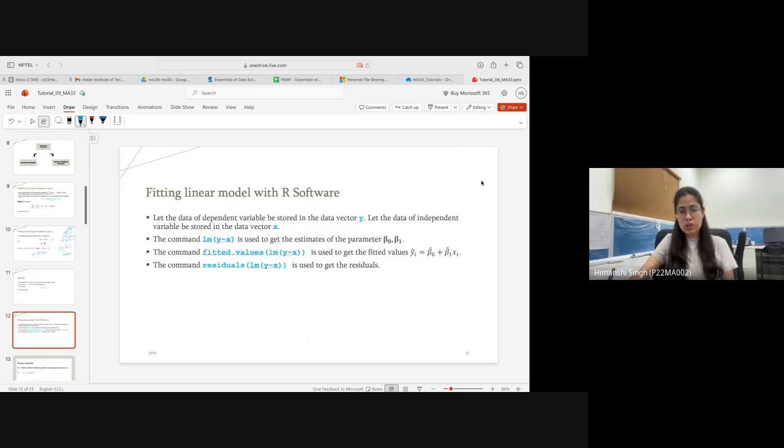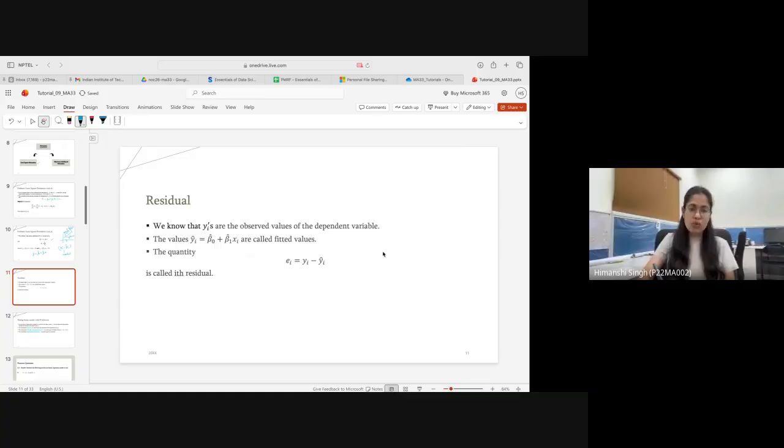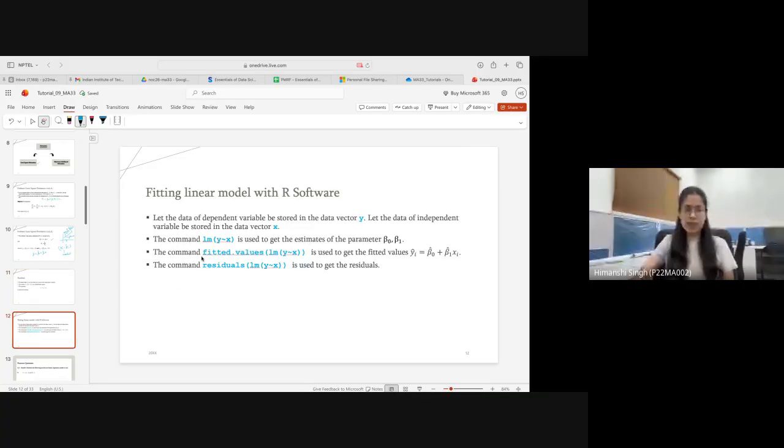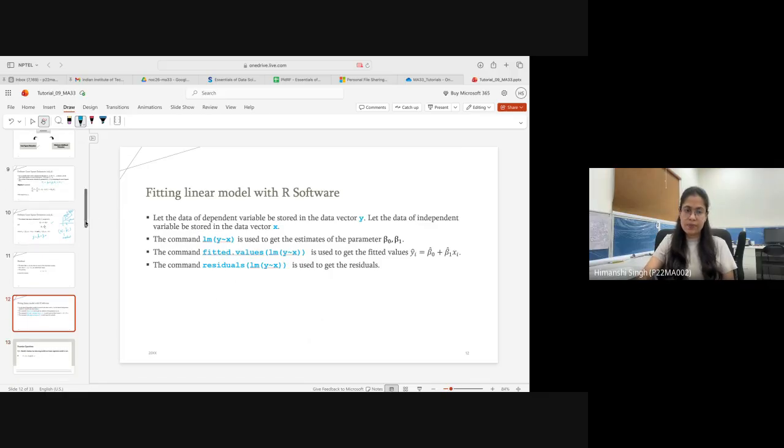If I want to calculate the residuals, I can use the command residuals(lm(y ~ x)). So only these commands do all the work we have discussed theoretically.